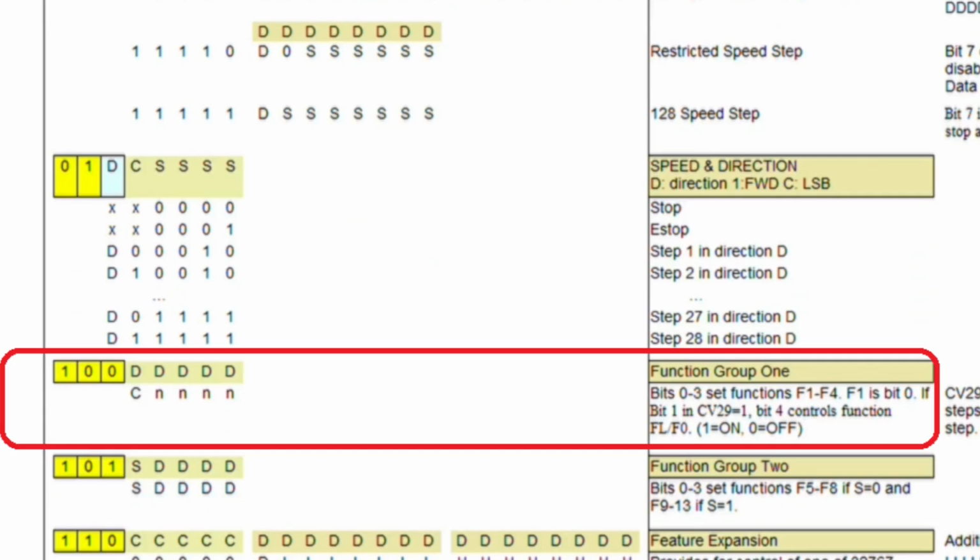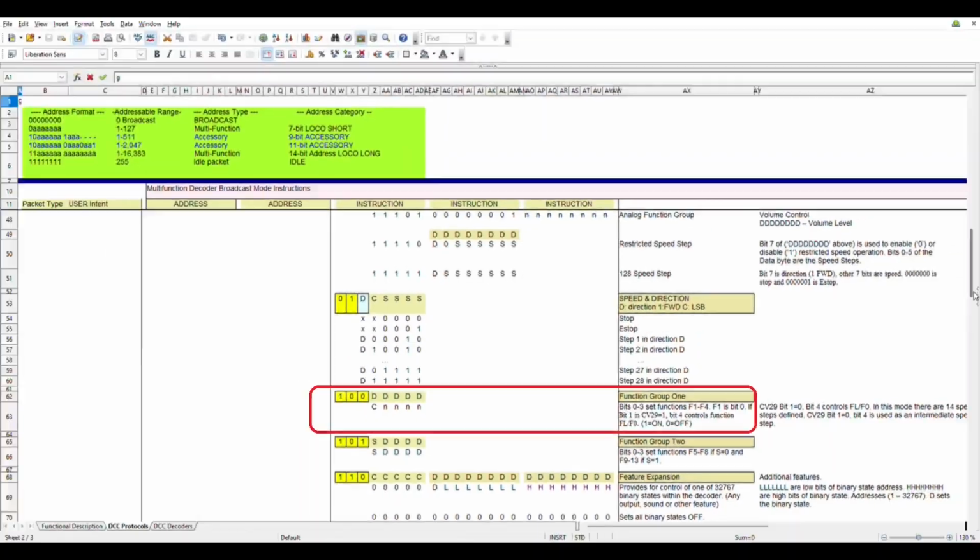But I'm drawing your attention to the F0 bit because that's the one that's set in the AC square wave signal that we were looking at in the command. And so that bit is instructing the decoder to turn on the headlight, as that's the definition of an FL, function light.